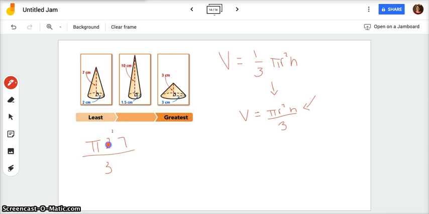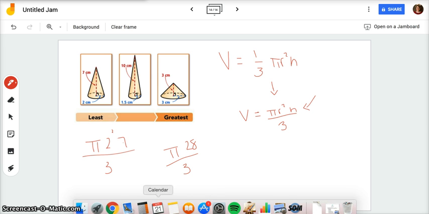So pi, so 2 times itself is 4. 4 times 7 is 28. So pi times 28 divided by 3. This is hard not to calculate out.